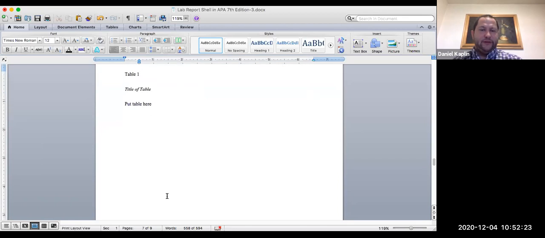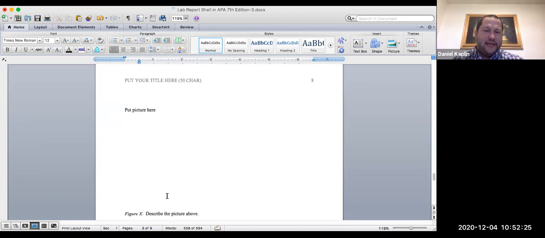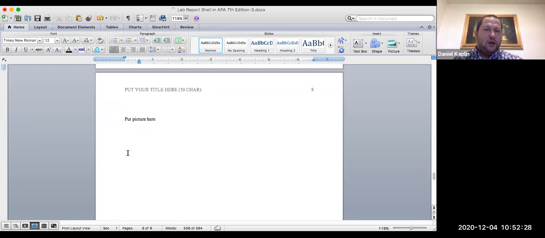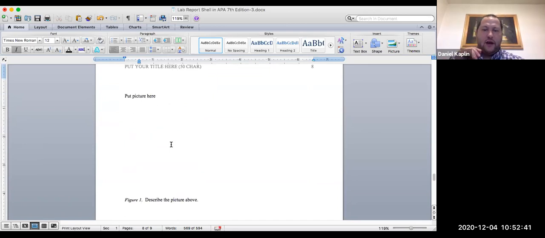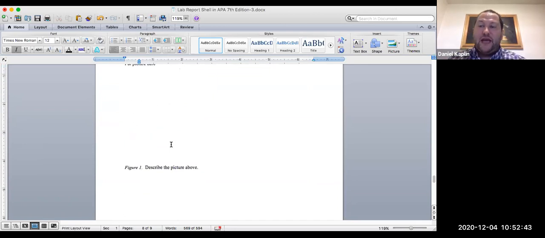So that's tables. Now figures, again, we have our figure where we put our picture here, and then we have our figure. Again, I put figure X, but we always start with figure number 1. And then after you put the picture there, you do a figure caption. And the purpose of the figure caption is to describe what that figure is and what it's trying to accomplish.